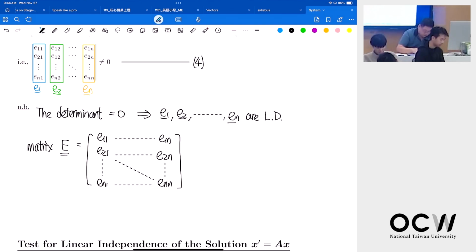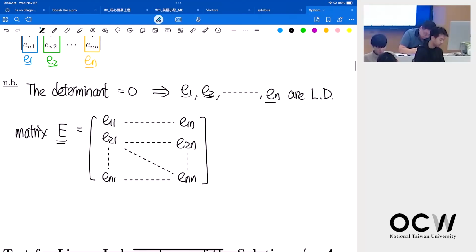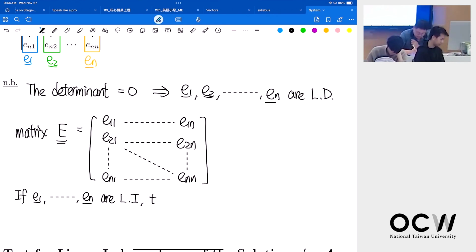Okay, so if E1 to En are linearly independent, then this matrix E has rank n.